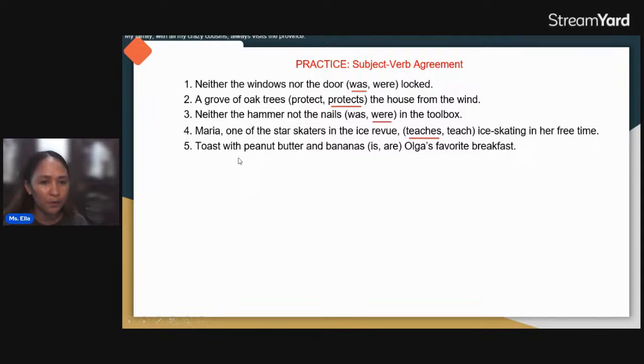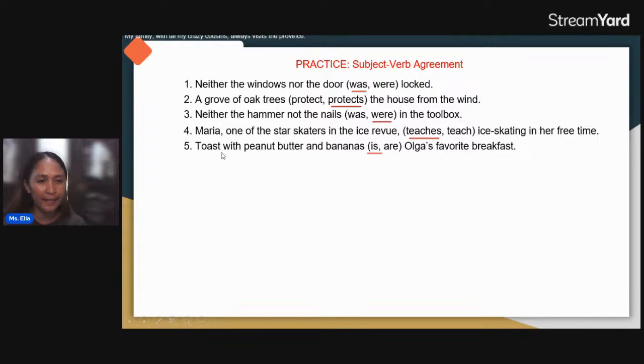Again, toast with peanut butter and bananas is our Olga's favorite breakfast. Okay, so the correct verb here is is.